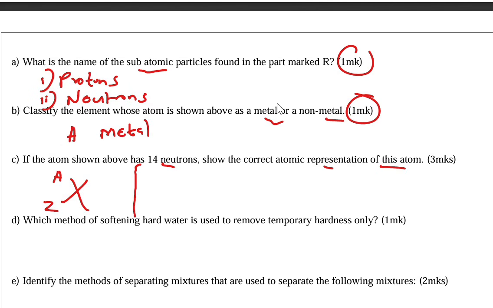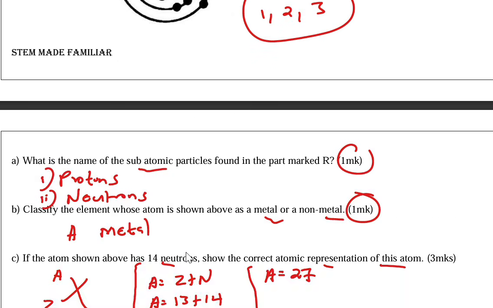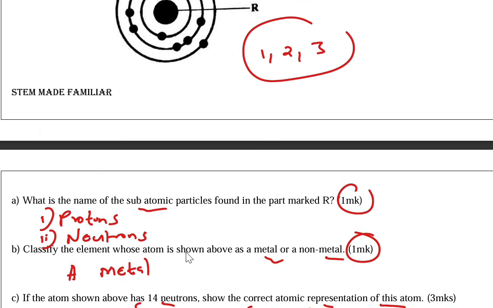To get the mass number, mass number A will be the number of protons Z plus the number of neutrons N. So the mass number A will be 13 protons plus 14 neutrons. You can see that A is equal to 27. We know that this is aluminium because aluminium is number 13.